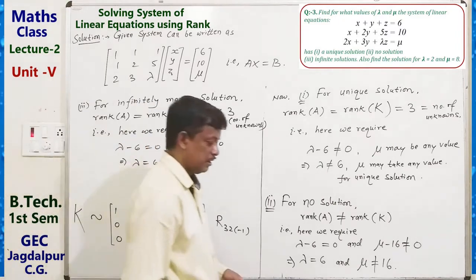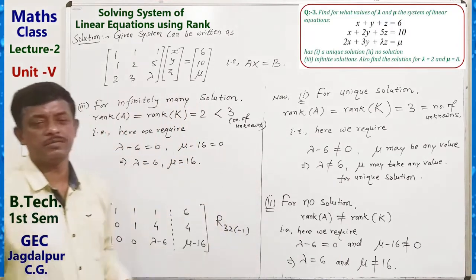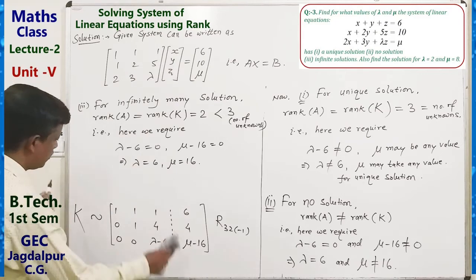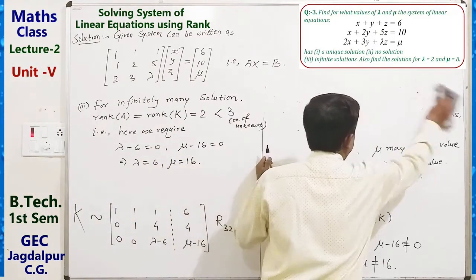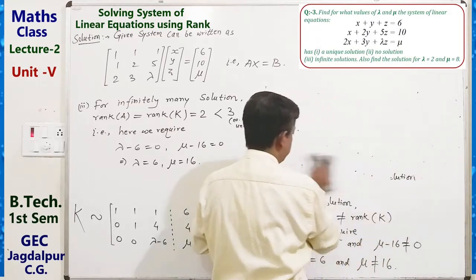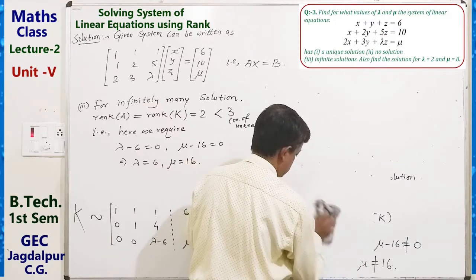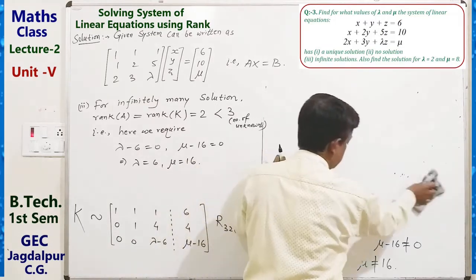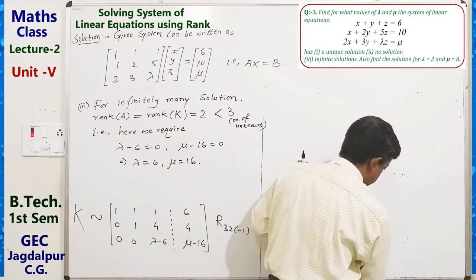Okay. So this type of discussion you can give for no solution, infinitely many solutions and unique solution. Now finally we have to find the solution for lambda equals 2 and mu equals 8.